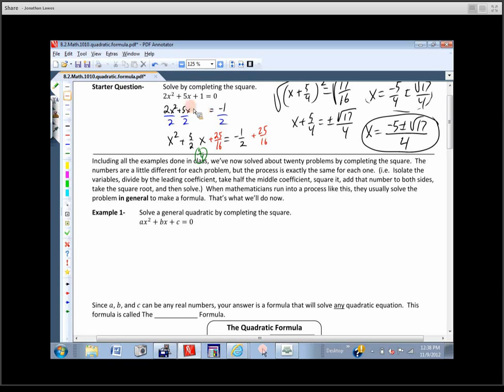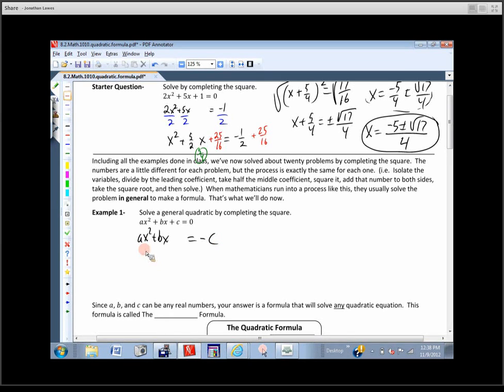I'm going to do exactly the same thing that I did above. First thing I did was I moved the constant to the other side. So we're going to have ax squared plus bx, save room to complete the square. Move that to the other side by subtracting c. Whatever it was before, it's now the opposite on the other side. I don't want this to be an ax squared.